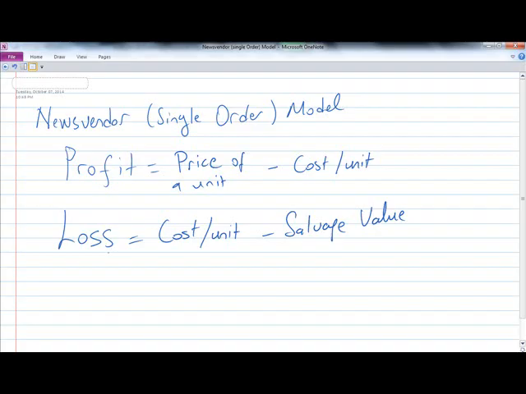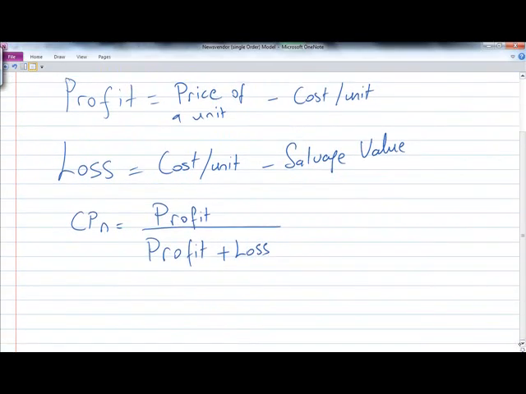What you do is calculate a critical ratio, which is calculated as profit divided by profit plus loss.